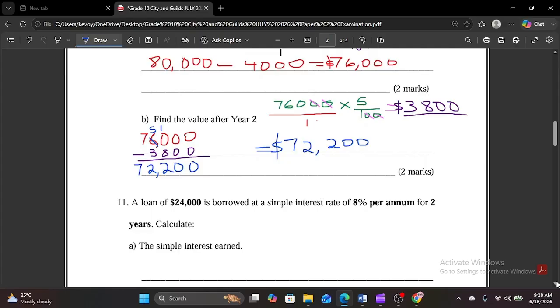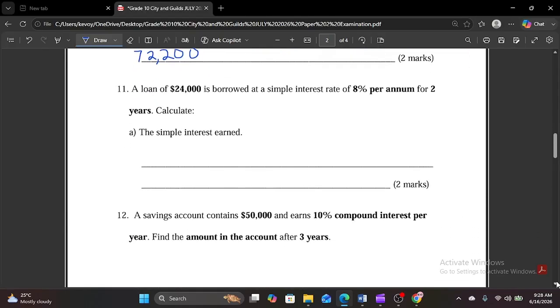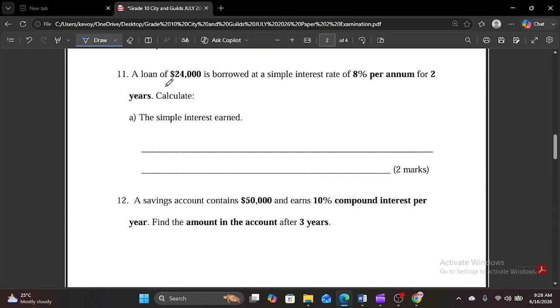All right. So moving on to question 11. A loan of 24,000 is borrowed at a simple interest rate of 8% per annum for 2 years. Calculate the simple interest.